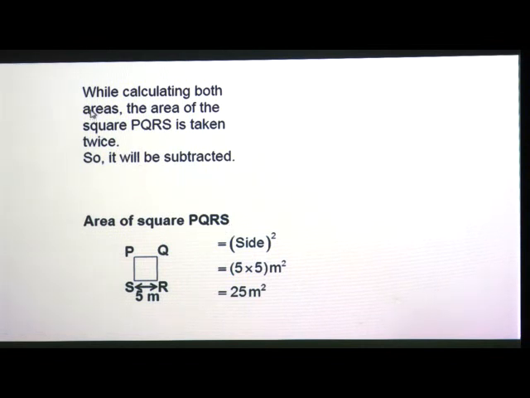Now, again I will repeat, while calculating both the areas, the area of the square PQRS is taken twice, because one time it is in KLMN and one time it is in EFGH. So, what we have to do? It will be subtracted. Now, we will see how to do the subtraction of it.